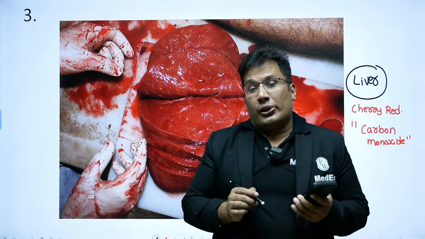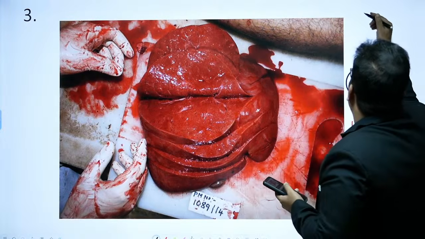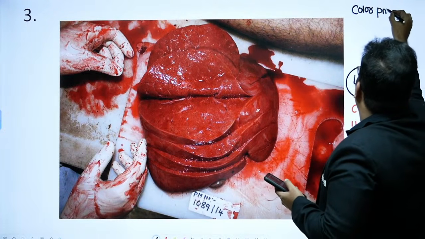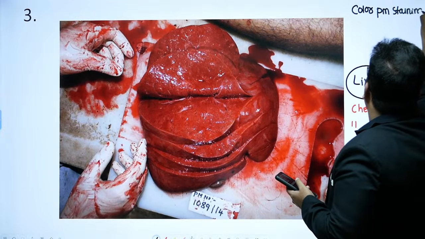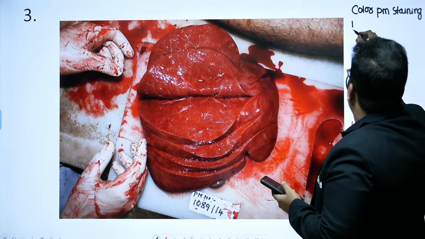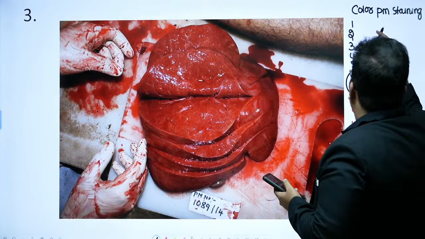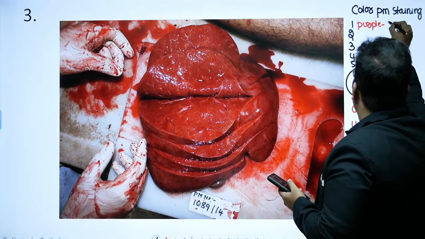Now, a very important question, the color of postmortem staining. There are 5 important colors. One is purple color. Purple is normal.